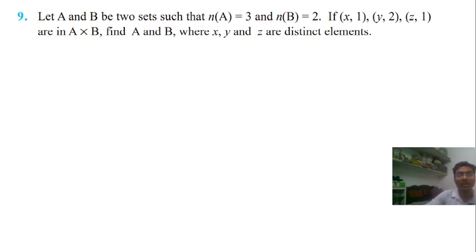In question number 9, they are saying A and B are 2 sets such that the number of elements in set A is 3, the number of elements in set B is 2, and they are in A cross B. Find A cross B and tell whether you can find them or not.